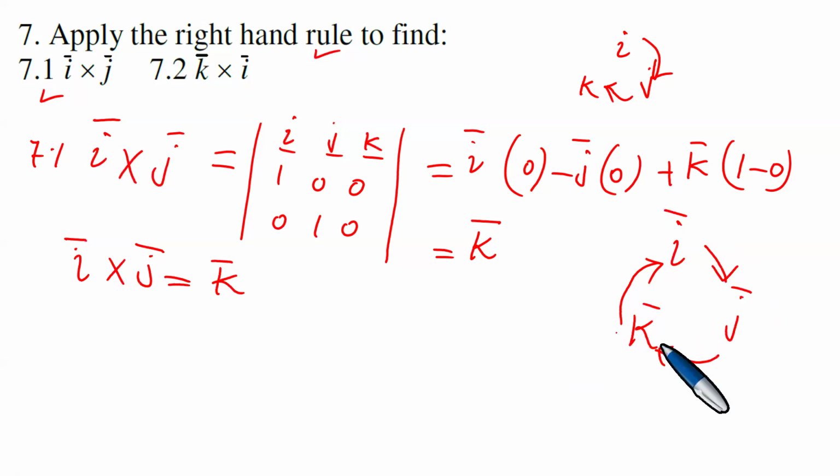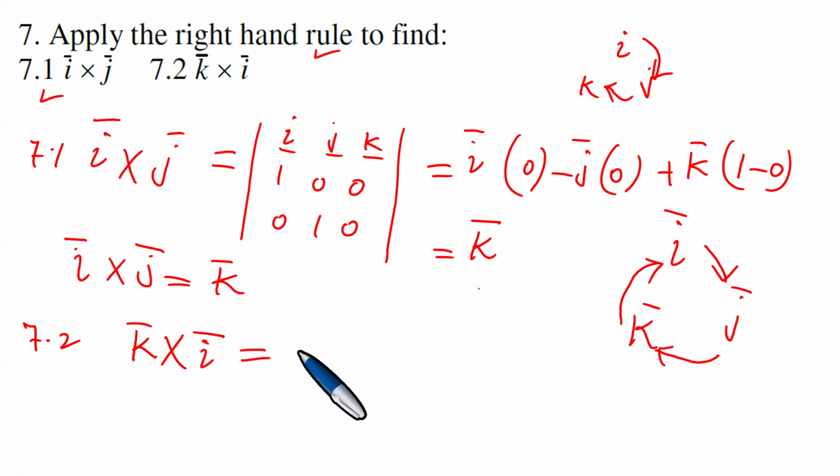So I cross J becomes vector K. Using this notion, the diagram on the side, you can then say, for instance, vector K cross unit vector I. Let's look at K cross I. We are able to see that K cross I would give us vector J.